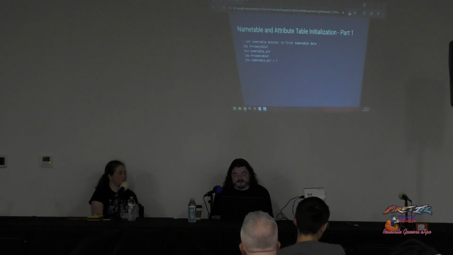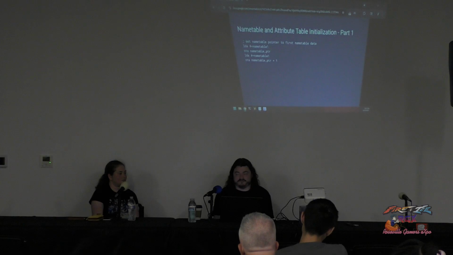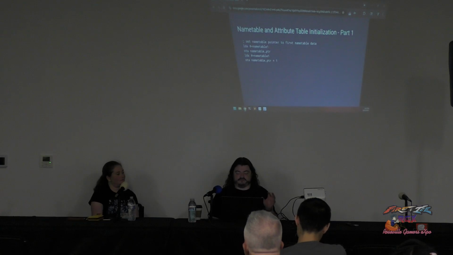So this is a snippet from init nametables in the example project, and it's using what's called a pointer. Definitely don't have time to get into pointers today. They're often confusing to any new programmer, but basically just think of it as if a variable holds a value, a pointer holds an address to a value.